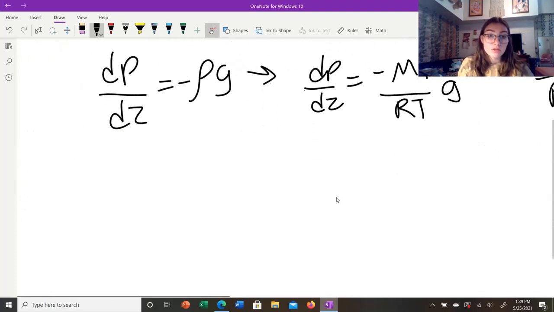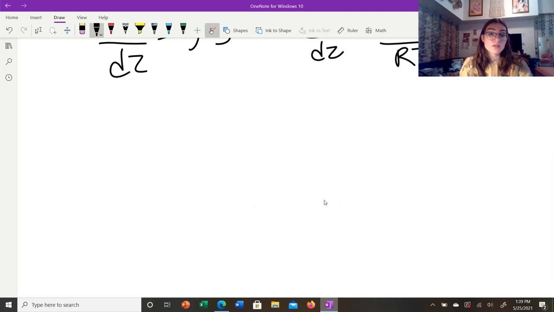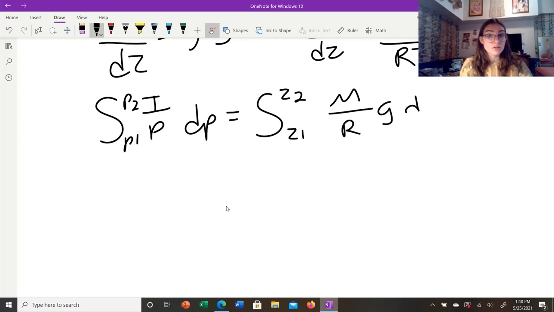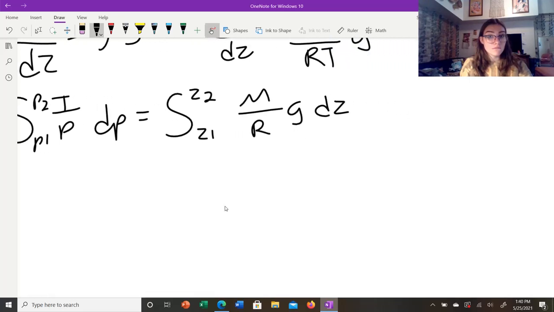Now we're going to integrate both sides. We're going to write it as the integral from P1 to P2 of T over P dP, and this is going to equal the integral from z1 to z2 of negative mg over R dz.